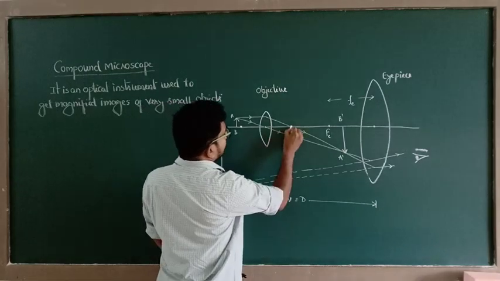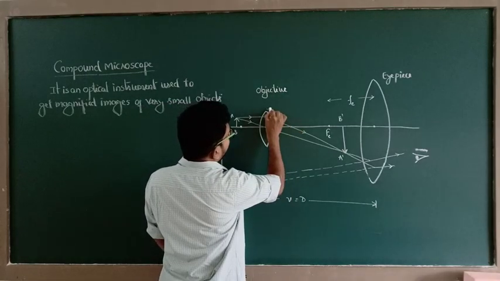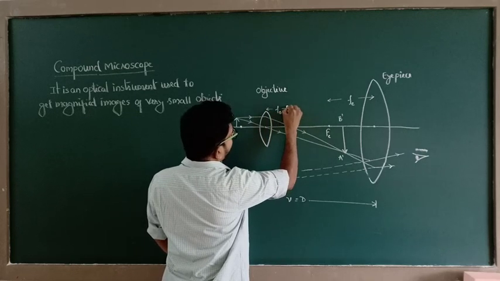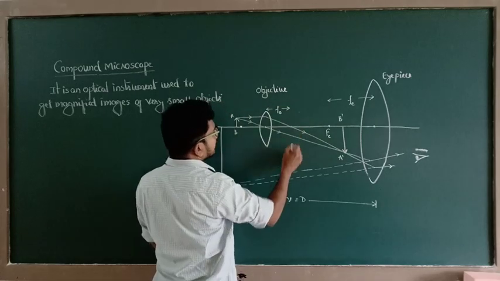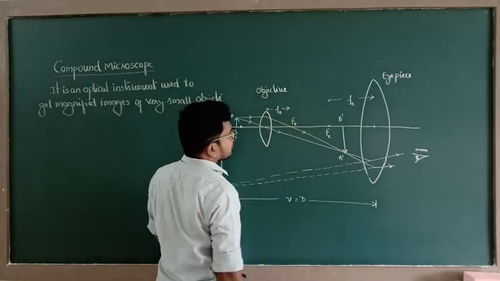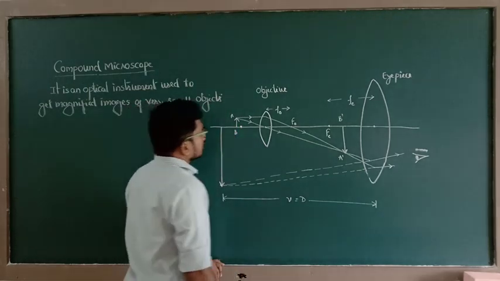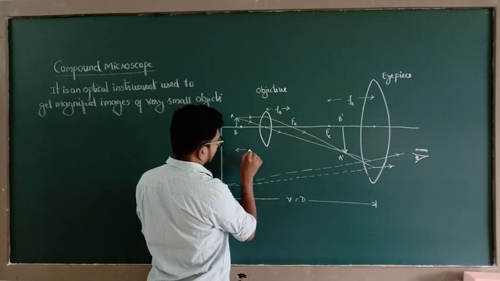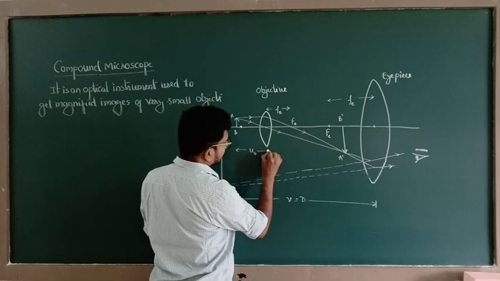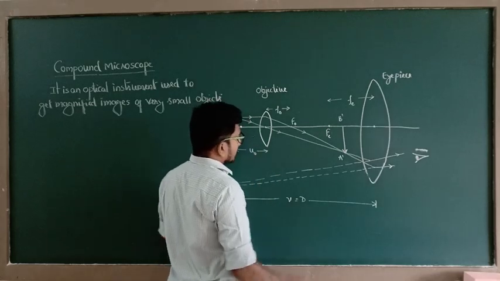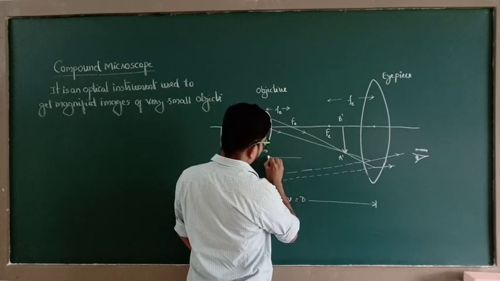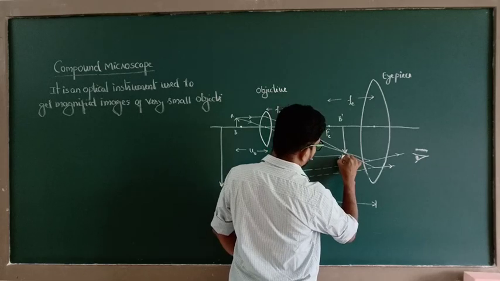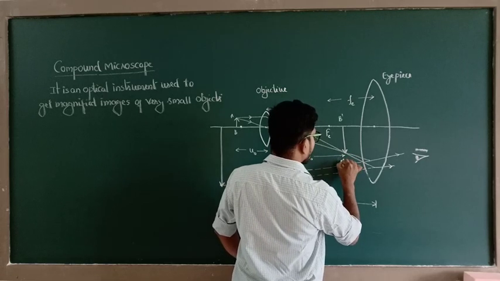And here this distance is the focal length of the objective lens, the distance between the optical center of the objective and the position of the principal focus of the objective. So this is our object distance, U subscript O. Image distance, V subscript O. A dash.